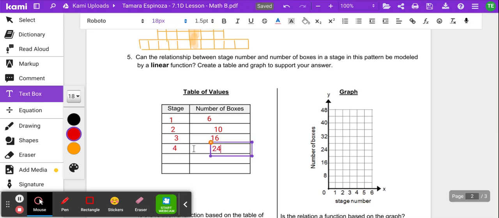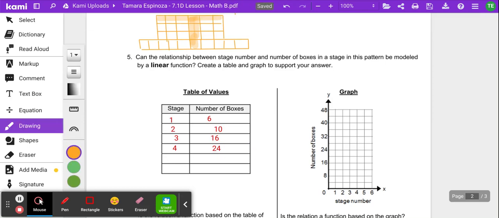Okay, so we have to come up with these other ones, and we have to kind of go looking at first differences, second differences. So going back, this is going up by 1, up by 1, up by 1. This is going up by 4, up by 6, up by 8. So the first difference is not the same. So then I go explore the second difference. 2, 2. So I can work backwards.